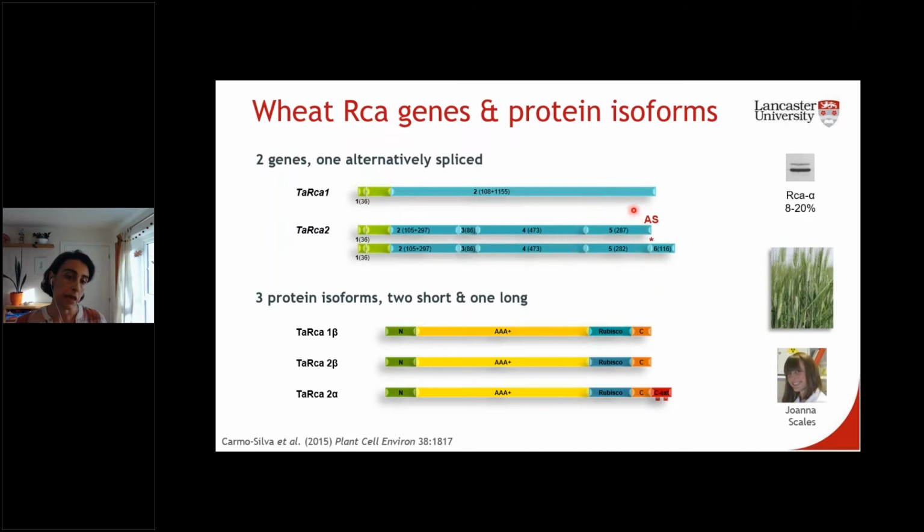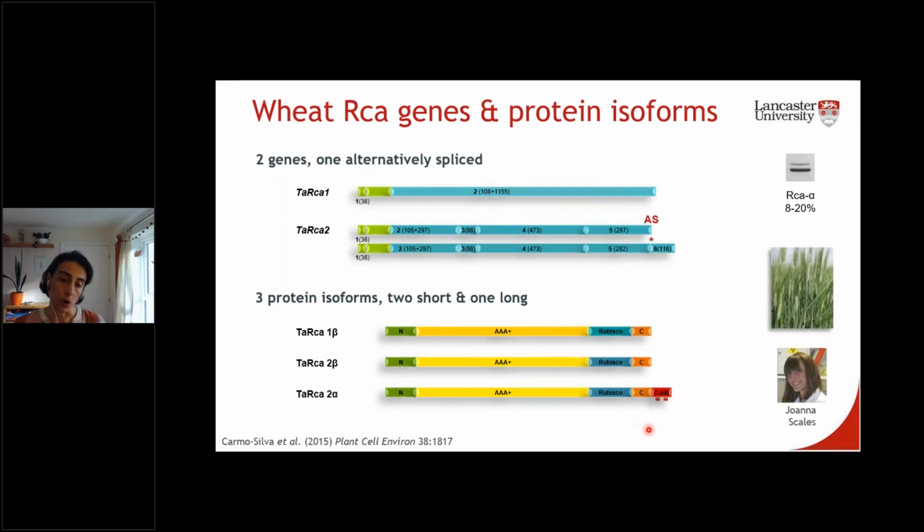This means that the expression of these two genes results in three different proteins. So gene 1 results in the formation of one protein that we call 1 beta, the short form of Rubisco activase. Whereas gene 2, by alternative splicing, produces both this shorter form, which we call 2 beta, as well as a longer form, which we call 2 alpha.